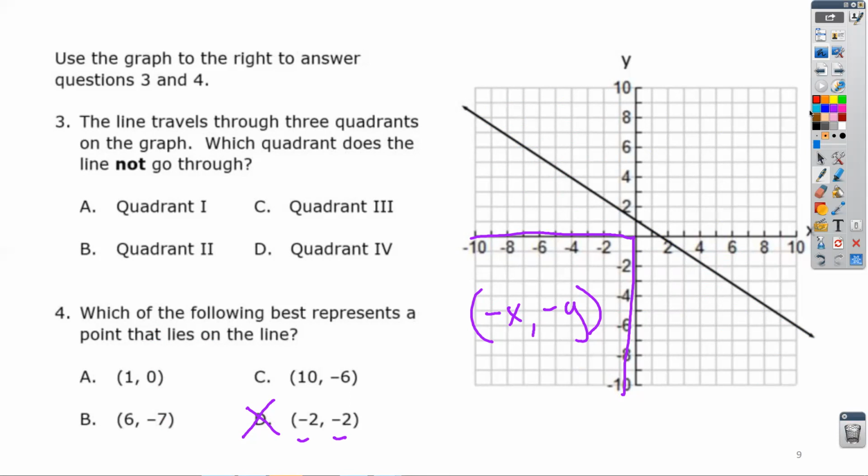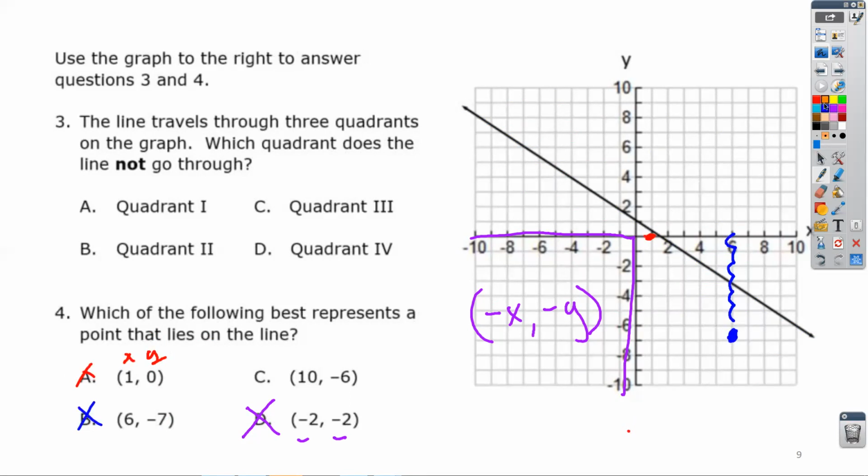So now quickly let's check. A, so remember that's my x and that's my y. So I go over 1, up 0, which is really close, but it's just underneath. So that's not it. B, 6, negative 7, 6, the negative 7, 1, 2, 3, 4, 5, 6, 7. That's not it.